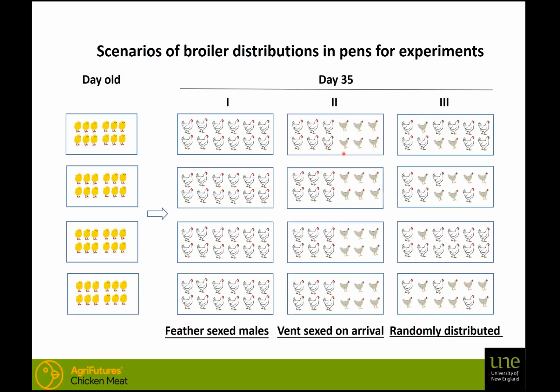That can give you good variation or uniformity. And of course, the other option is you just distribute birds randomly without knowing the sex of the birds. That's pretty random. You can have more females or fewer females in a pen.